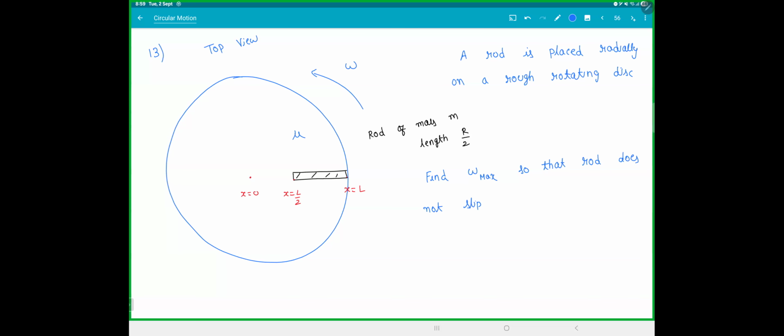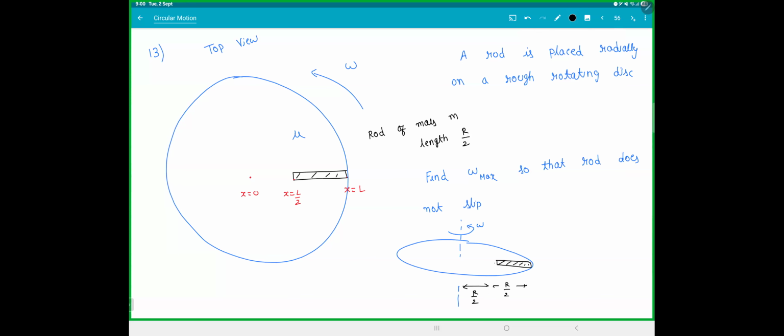Are you able to visualize the picture, everyone? The side view will look something like this. We have a disc which is rotating with omega, and we have a rod like this. If you rotate very fast, the rod can just slide outside and fall out.